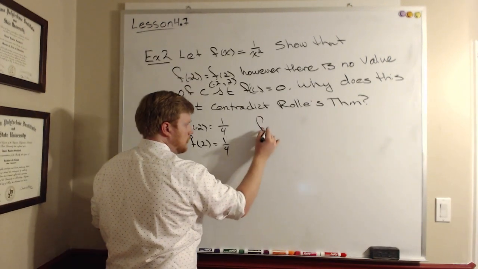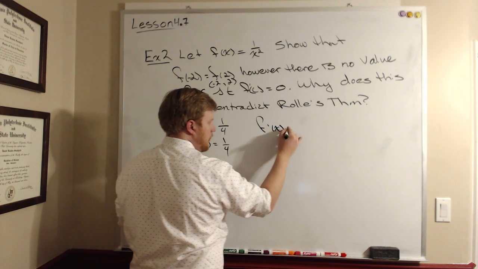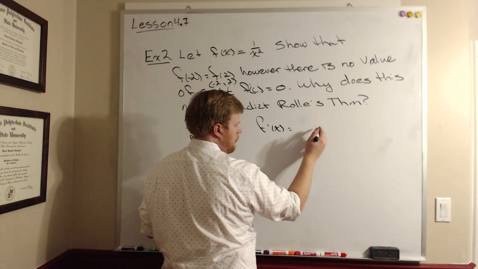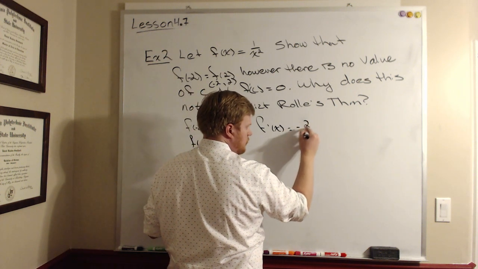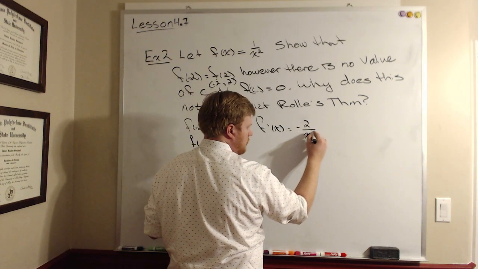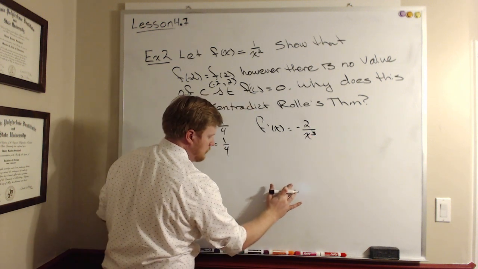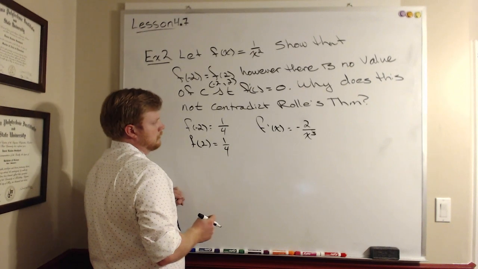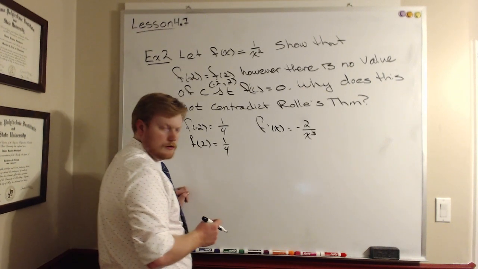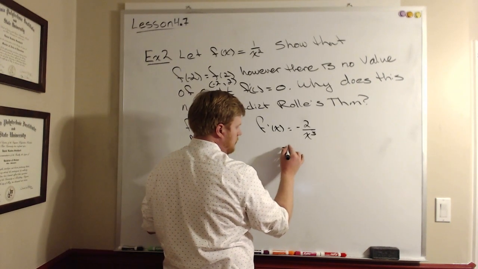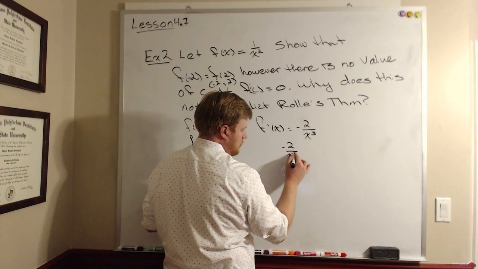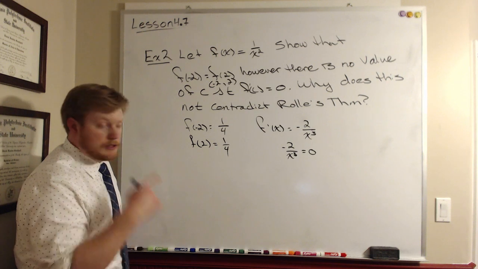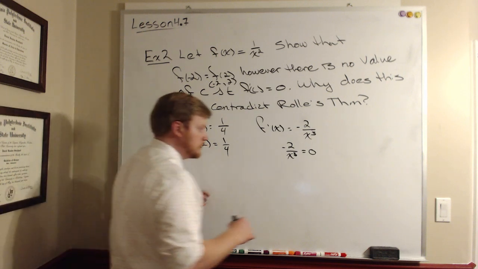But look what happens when we take the derivative of f. We get negative 2 over x cubed. And when is that equal to 0? Well, it's equal to 0 whenever the numerator is equal to 0.